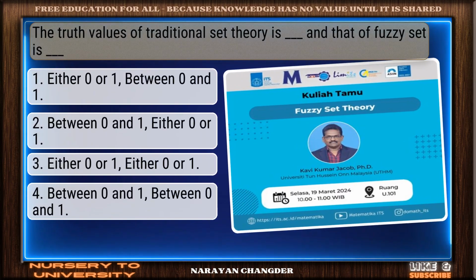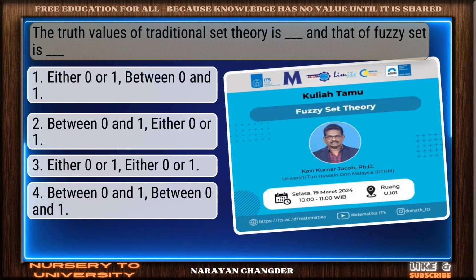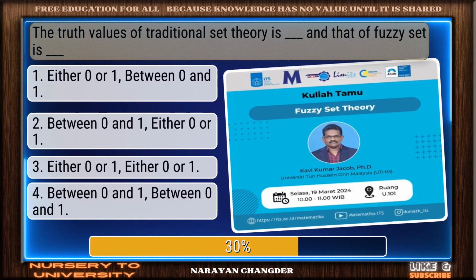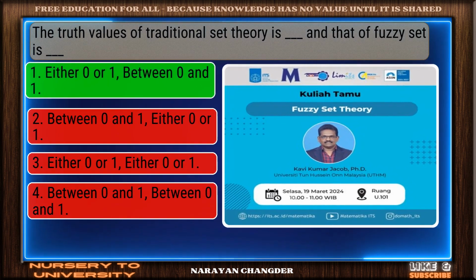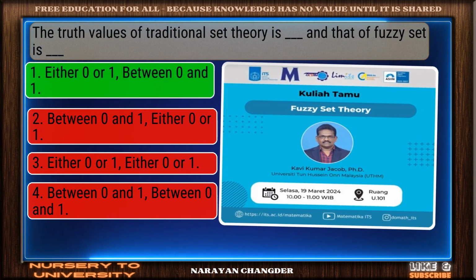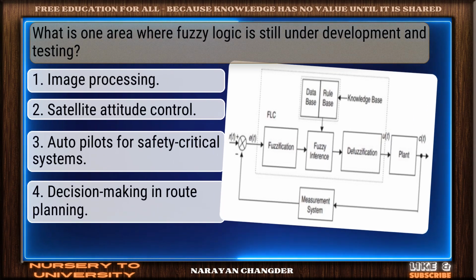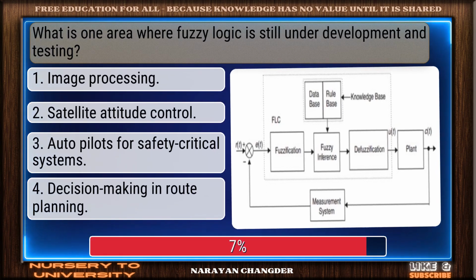Question number 16. The truth values of traditional set theory is dash, and that of fuzzy set is dash. Solid response. Either 0 or 1, between 0 and 1 is a valid choice. Question number 17. What is one area where fuzzy logic is still under development and testing?